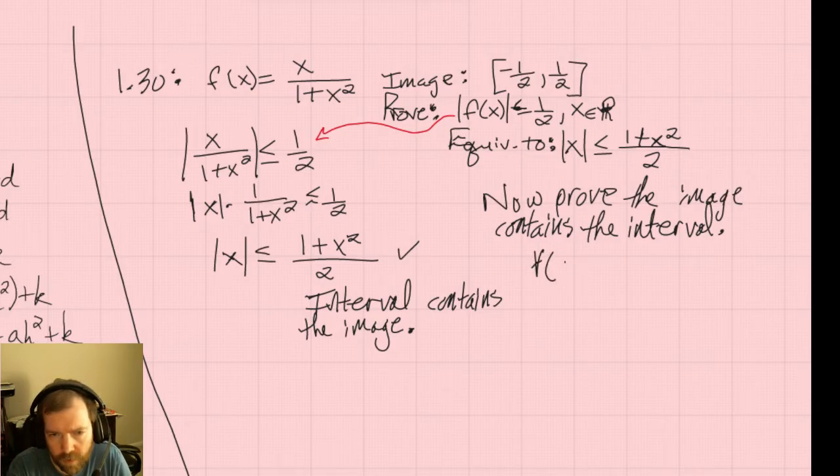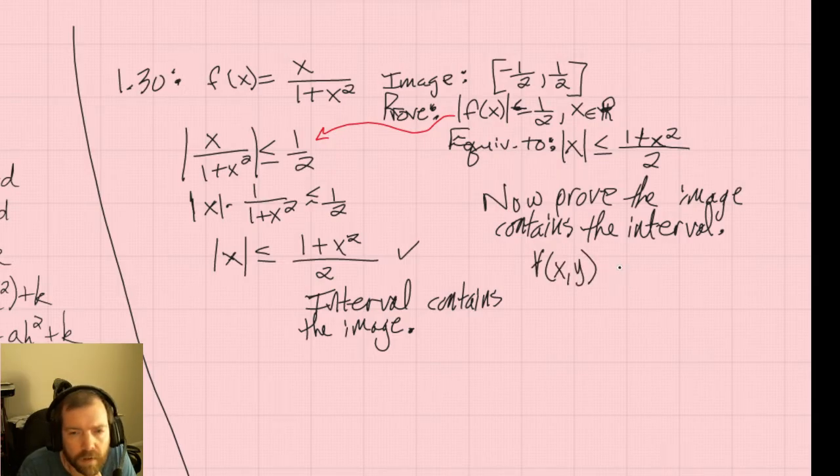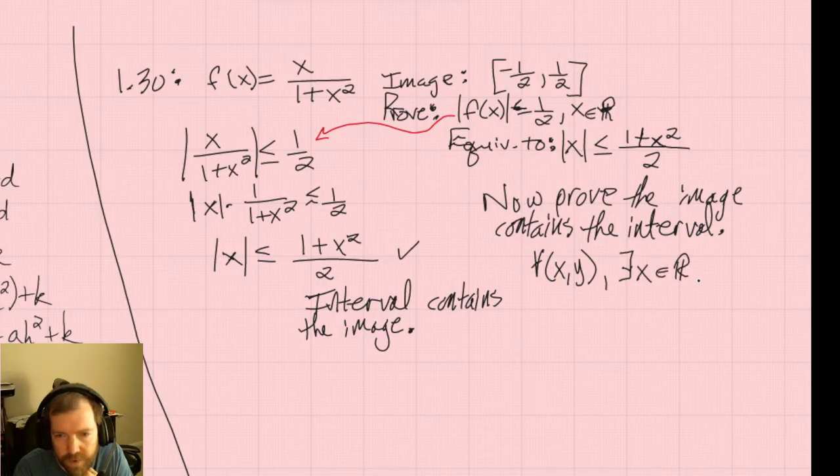So for all y, there exists some x in the reals such that f of x is equal to y.